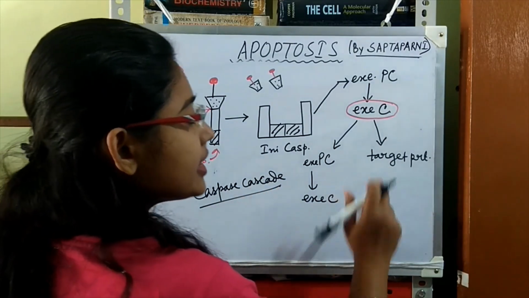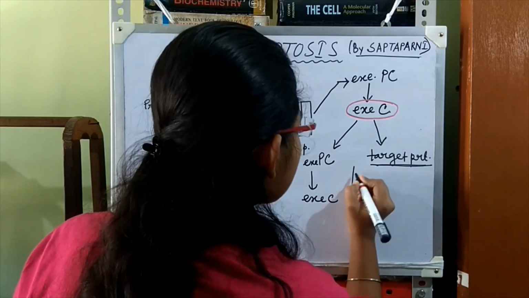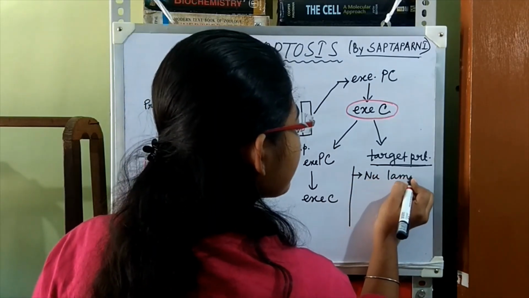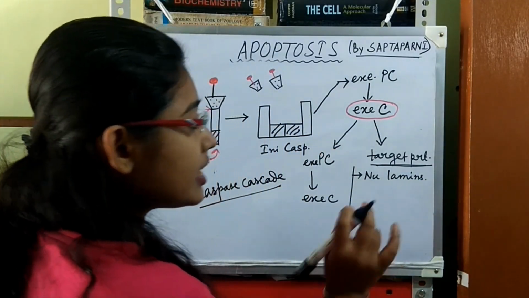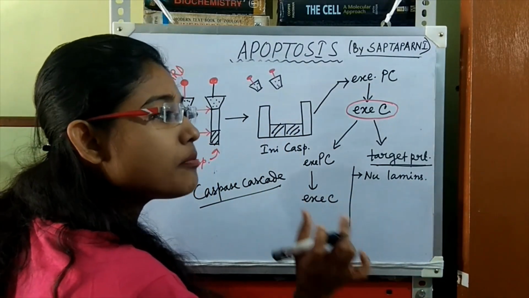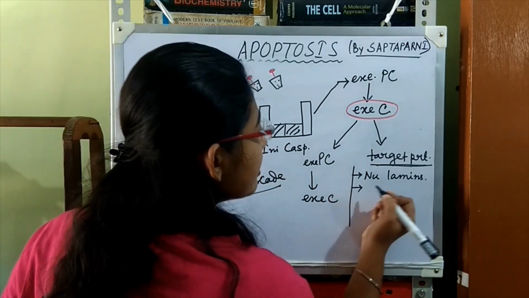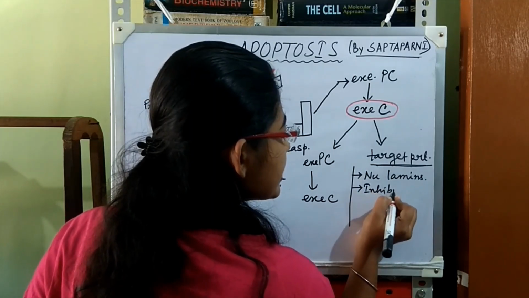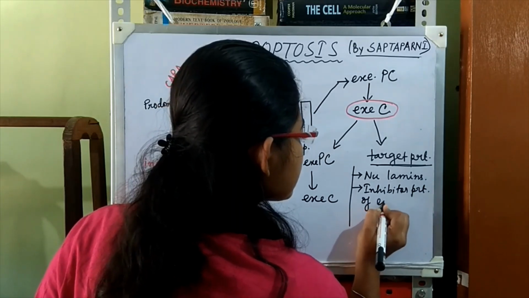And what are the target proteins? Number 1, nuclear lamins. That means when the executioner caspase cleaves the nuclear lamins, the nuclear membrane will be distorted. Then it will cleave the inhibitor protein of endonucleases.